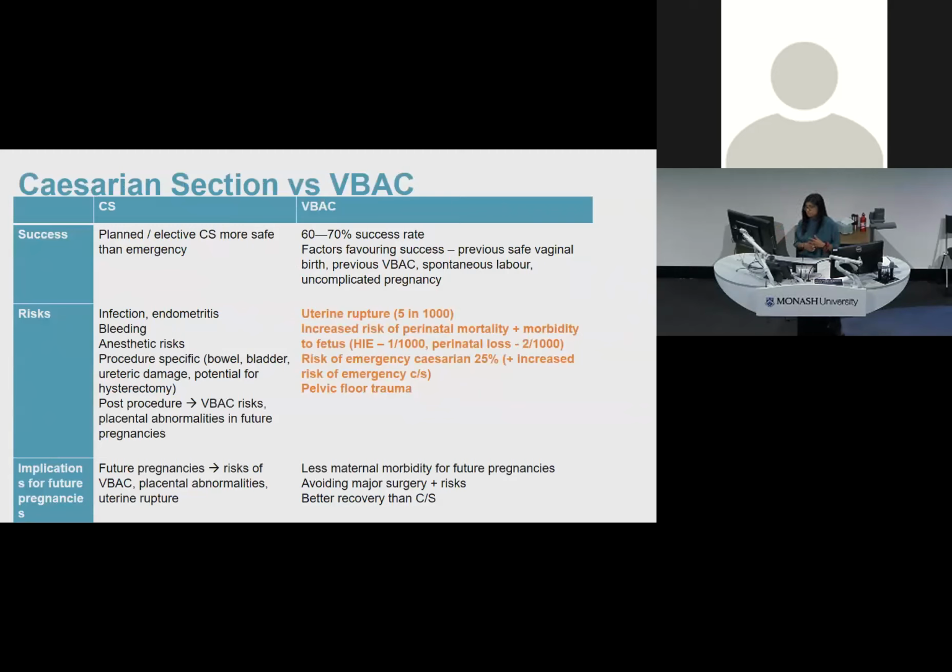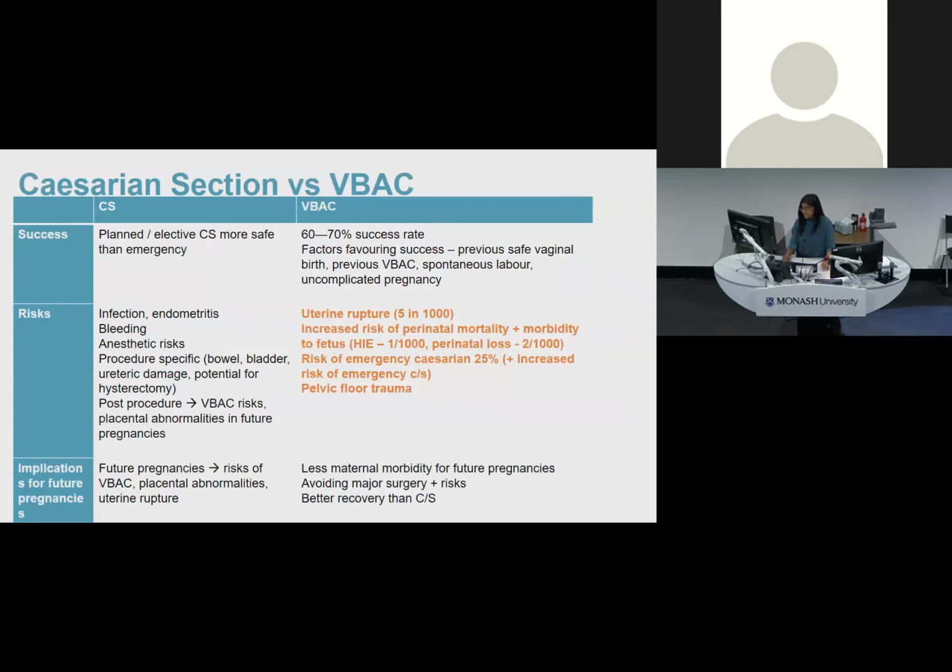But you just need to know the risks. Cesarean section has the usual surgical risks, plus procedure-specific ones, so bowel, bladder, and ureteric damage, and the potential need for a hysterectomy. Post-procedure, if the mother wants to get pregnant again, they have to undergo all of the VBAC risks in that next pregnancy, or they might have placental abnormalities in future pregnancies as well.